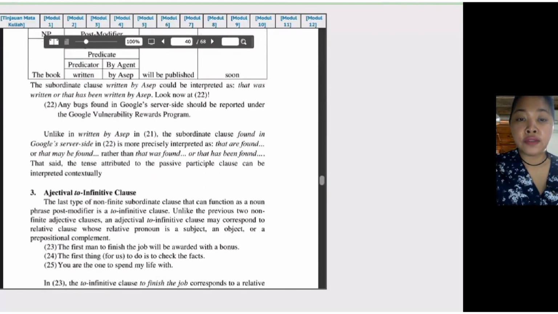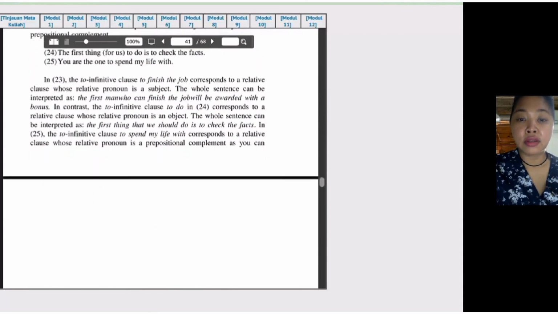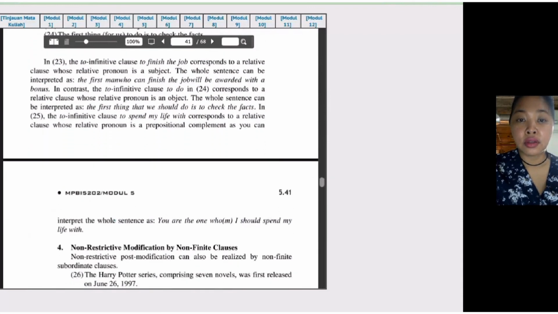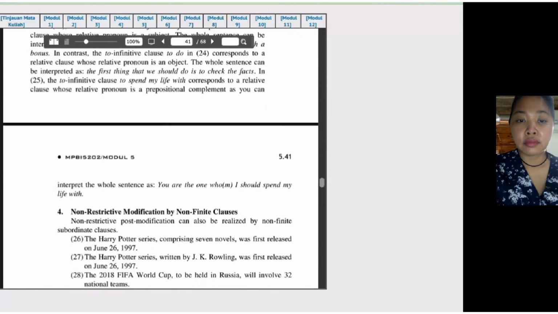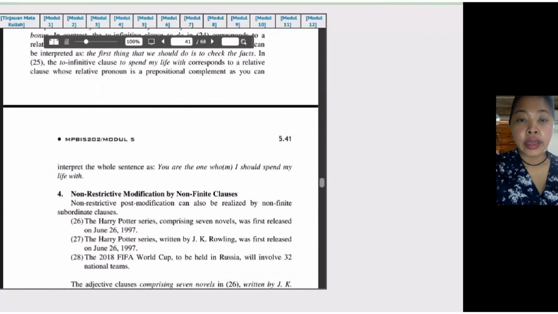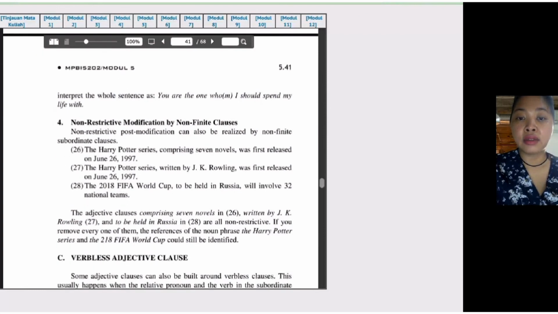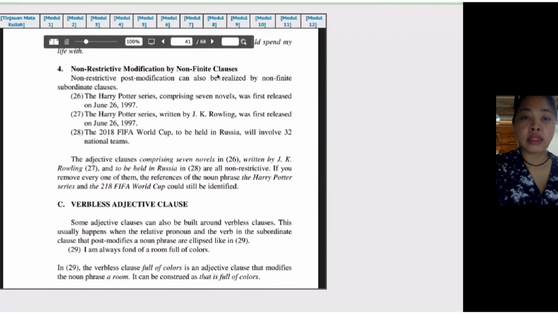And the adjectival to-infinitive clause. Also here, non-restrictive modification by non-finite clauses. There are some examples here.